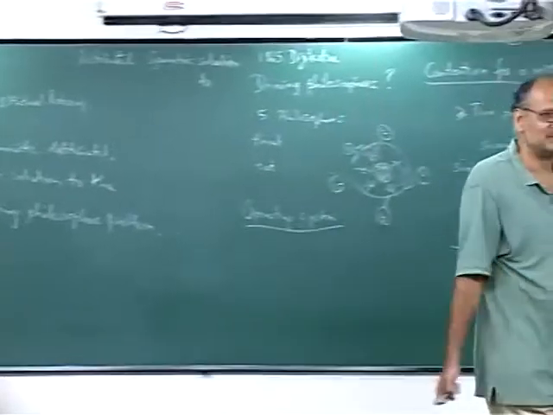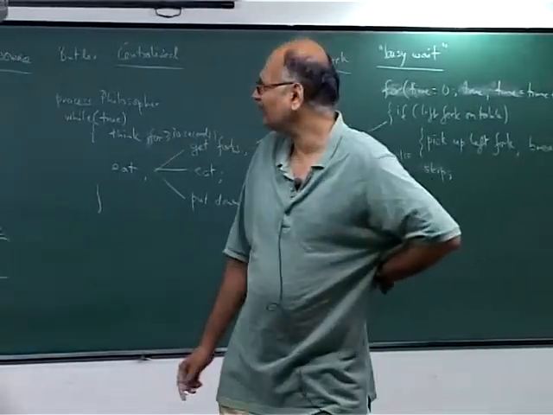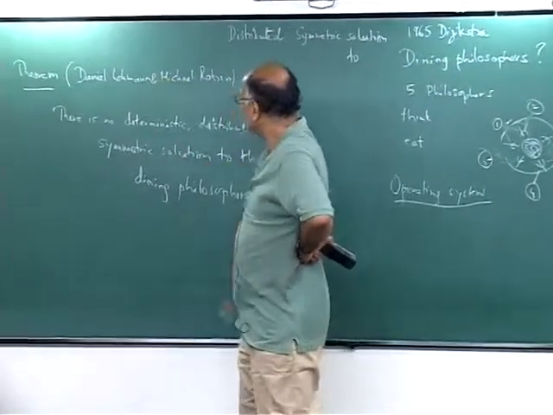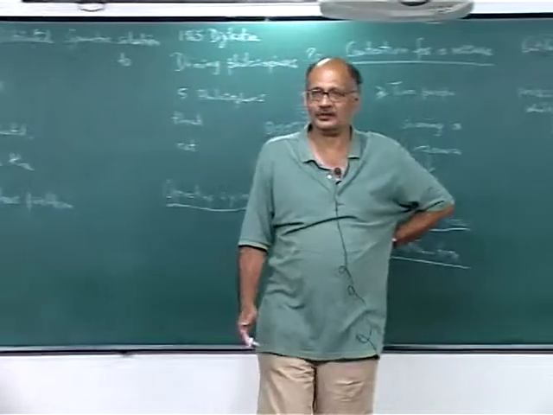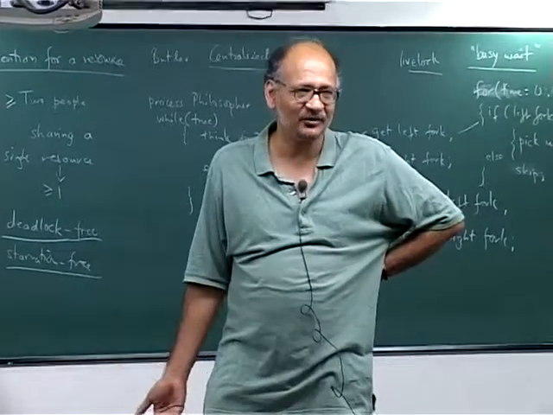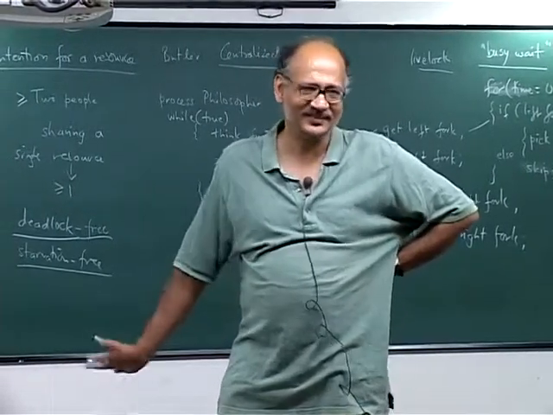So these two computer scientists, Daniel Lehmann and Michael Rabin, proved a theorem showing that the kind of ideal solution which we want does not exist.